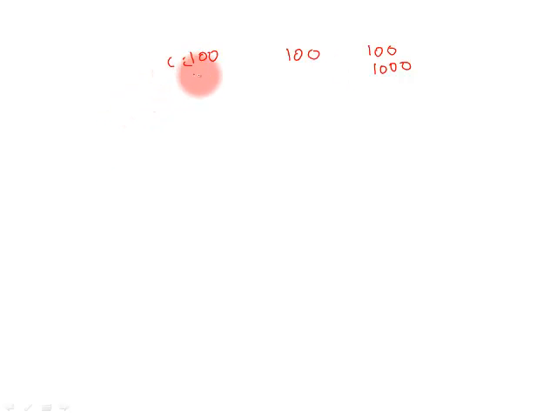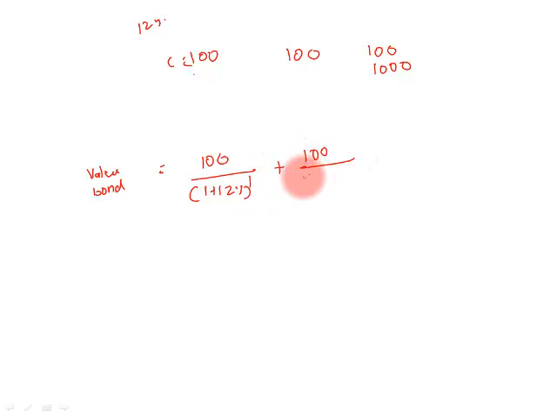You want to value the bond today. Let us assume the discount rate in the market is 12%. So the value of the bond today is equal to 100 divided by 1 plus 12% raised to 1, 100 divided by 1 plus 12% raised to 2, 100 divided by 1 plus 12% raised to 3, and 1000 divided by 1 plus 12% raised to 3 again.